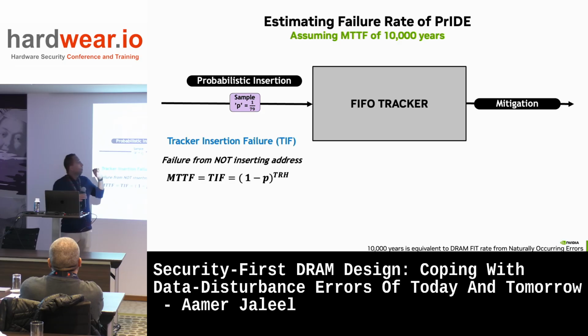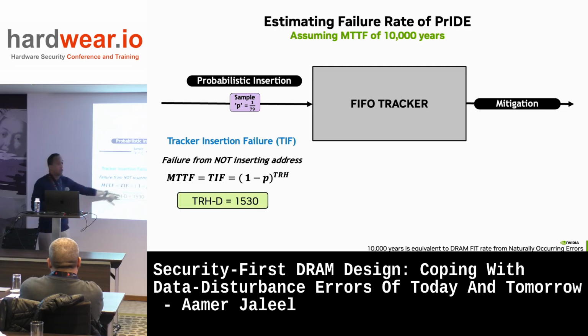And let's assume for a moment that everything that you insert is going to get mitigated. What's your probability of failure? Your probability of failure is from not inserting the address into the tracker. The probability of failure is (1 - P) raised to the RowHammer threshold that you would be having. And if that's your mean time to failure, you can actually compute TRH, the RowHammer threshold, to be 1530.